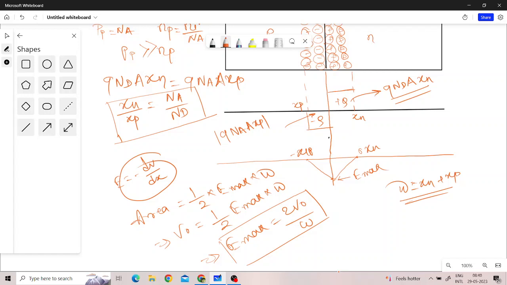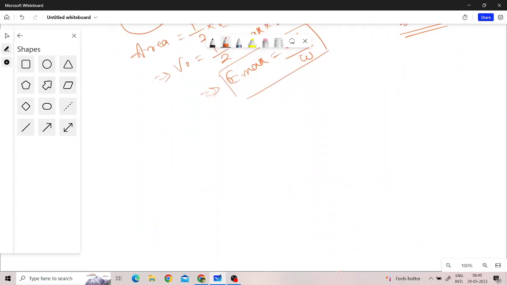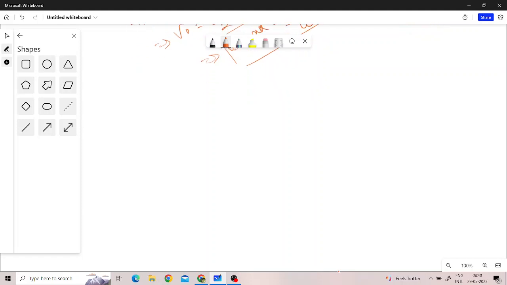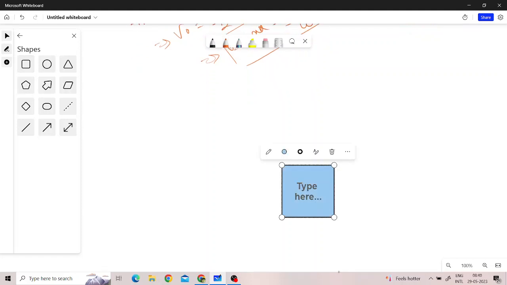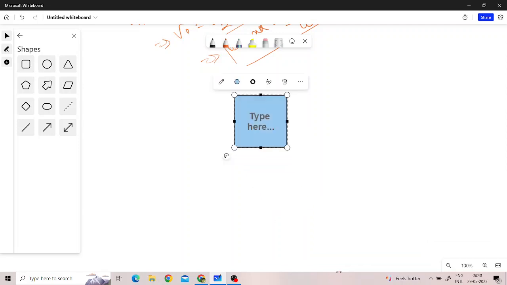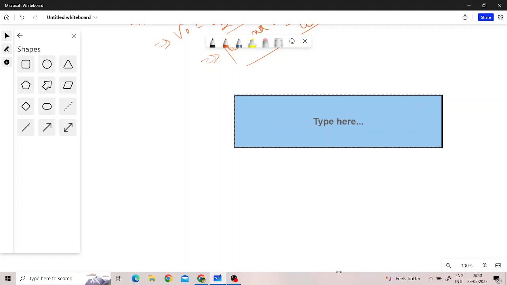Now if you look at the band diagram of a simple PN junction diode when no bias is applied, let's plot it here.